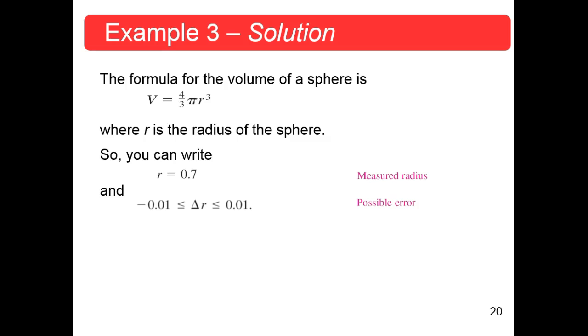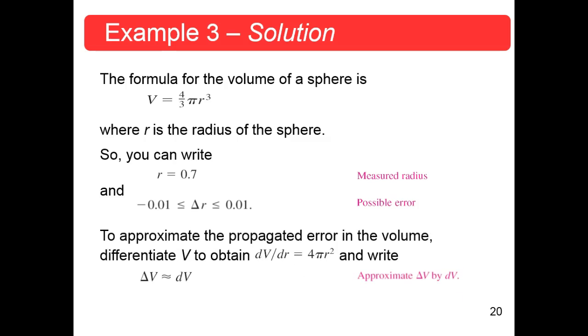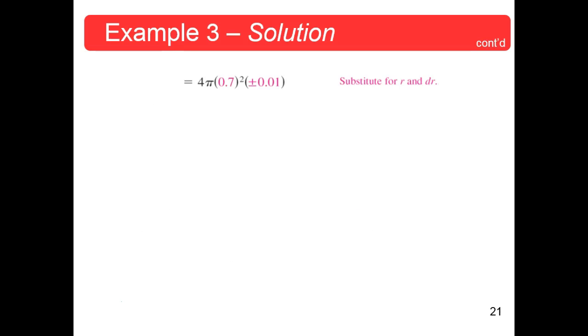So to approximate the propagated error, you take the derivative, 4 pi r squared, exactly what we did, and write delta V, that's the exact error, is approximately equal to your dV, which is your estimated error. The estimated error was 4 pi r squared dr, which is 4 pi times 0.7 squared times plus or minus 0.01.